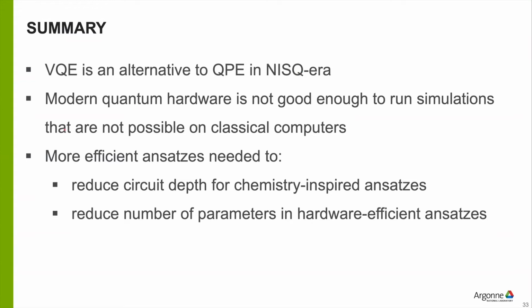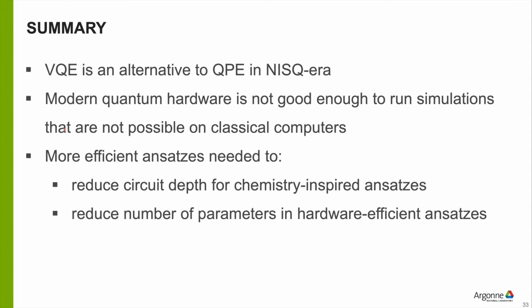And essentially, quantum computers nowadays are not good enough to run problems that cannot be solved classically on modern classical computers. That's related to the idea of quantum advantage, where you can use a quantum computer to solve some useful problem that cannot be solved classically, and that's what everyone's goal is, really.